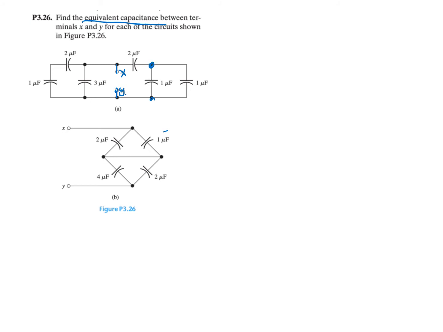We see that a 1 microfarad capacitor and this 1 microfarad capacitor are connected in parallel. So we can combine these two, and we need to recall how to combine capacitors. For capacitors connected in series, we have C equal to C1 times C2 over C1 plus C2.